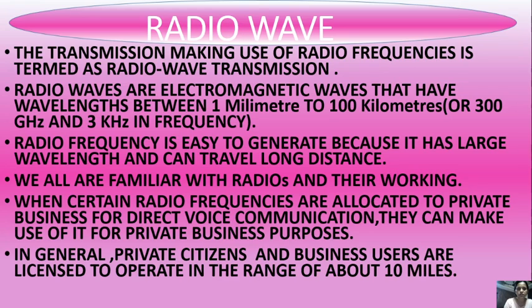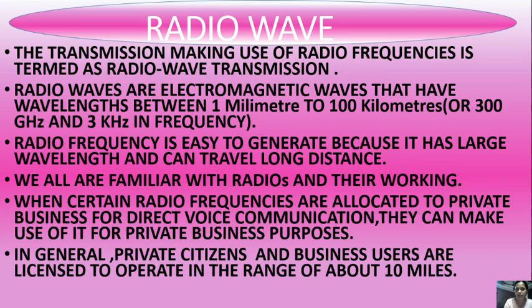First, transmission making use of radio frequencies is termed radio wave transmission. Radio waves are electromagnetic waves that have wavelengths between 1 mm to 100 km, or 300 GHz to 3 kHz in frequency. Radio frequency is easy to generate because it has a large wavelength and can travel long distances.